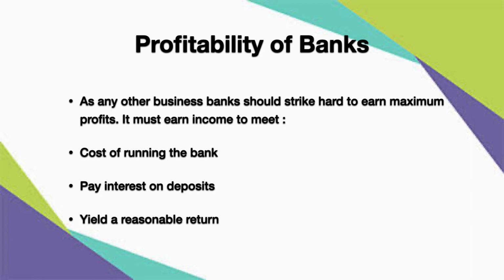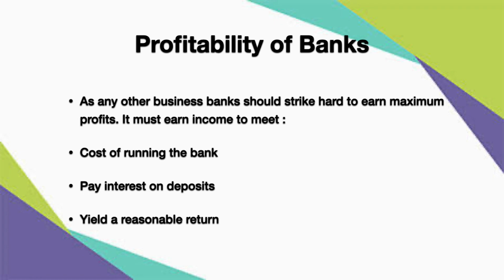Second, pay interest on deposits. If there is no source of income for me, how would I pay interest on deposits? It's not possible, correct? So I need to have a source of income to pay the interest on my deposits. Then yield a reasonable return. So at the end, whatever banking activities the bank is providing, the bank also expects some kind of reasonable return.